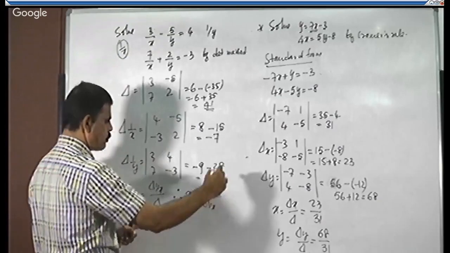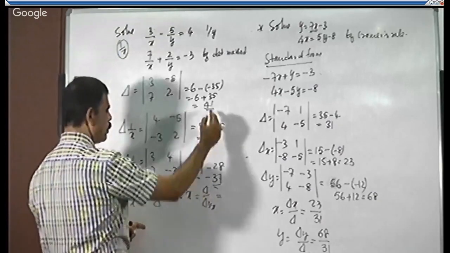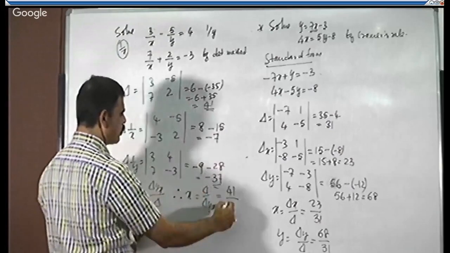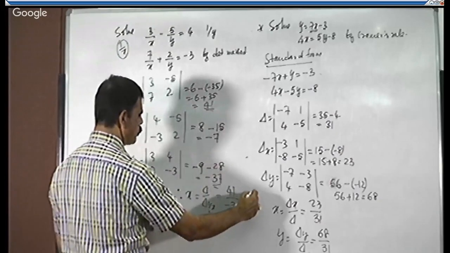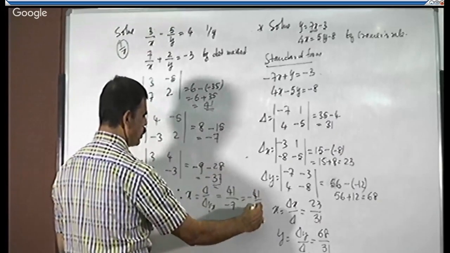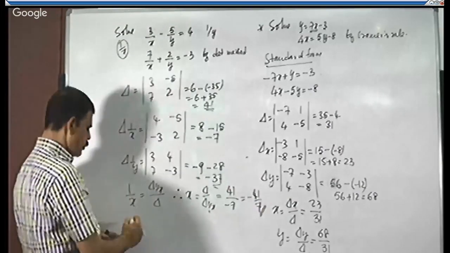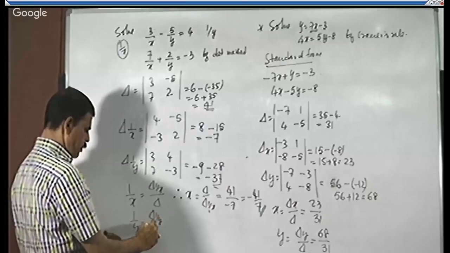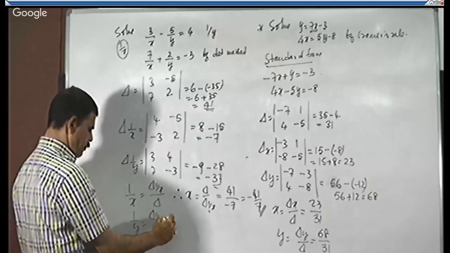And substitute the values. What is delta? Delta is equal to 41, divided by delta 1 by x, which is minus 7. Which is equal to minus 41 divided by 7. In the same way, take 1 by y is equal to delta 1 by y divided by delta. Therefore, we need y.